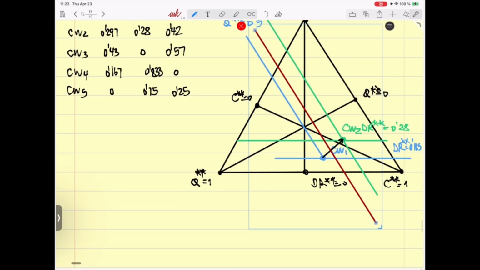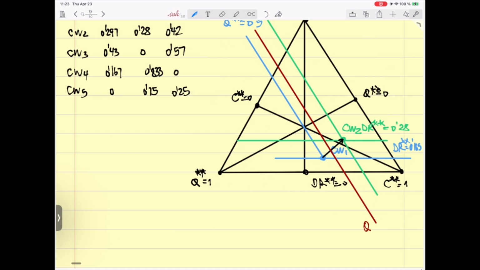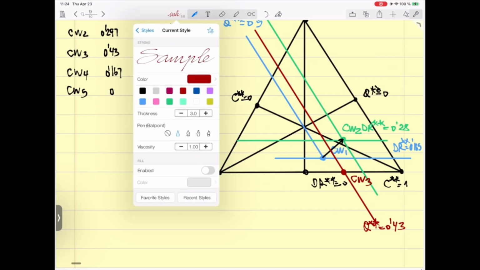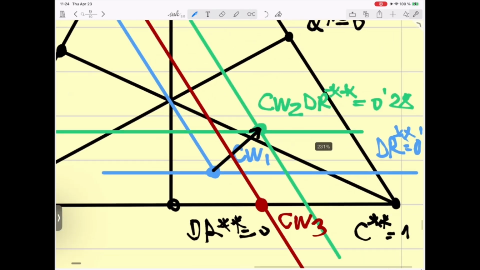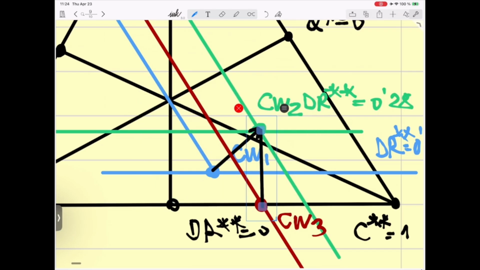So these are all the points of quality star equals 0.43. And because we know that the delivery rate is 0, this is our point for calendar week 3. So we know that our system is moving again. And this is the dynamics to calendar week 3.